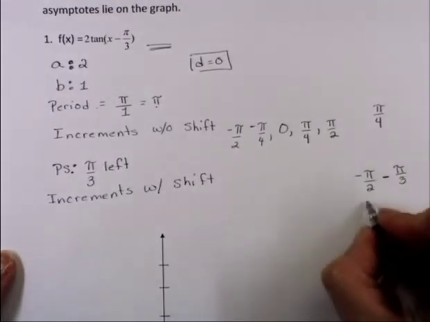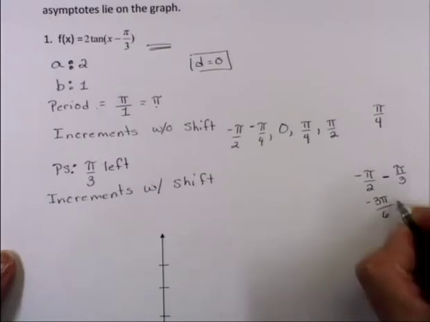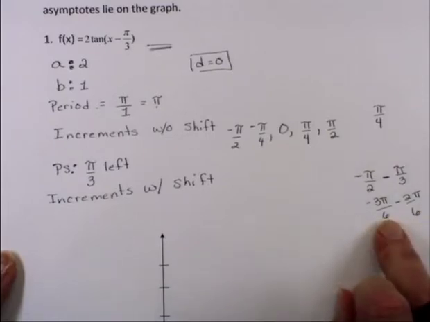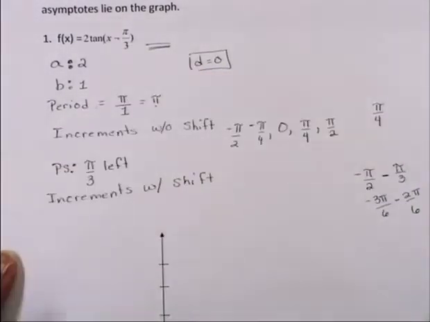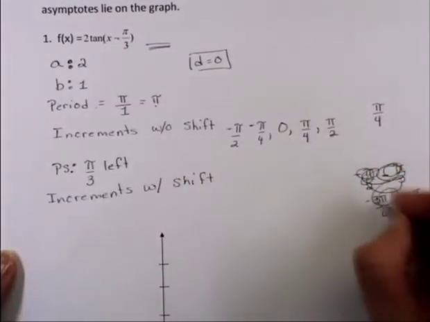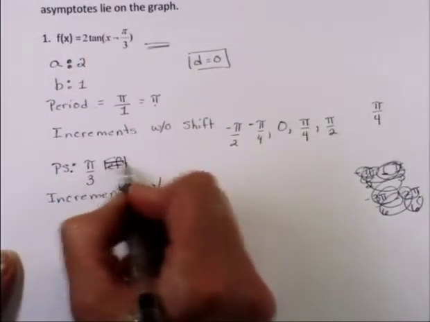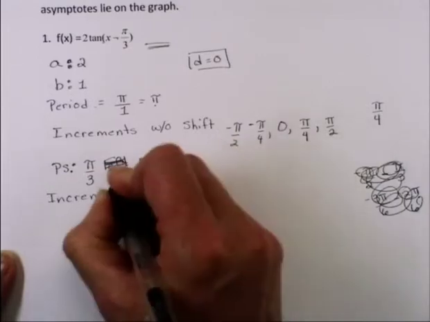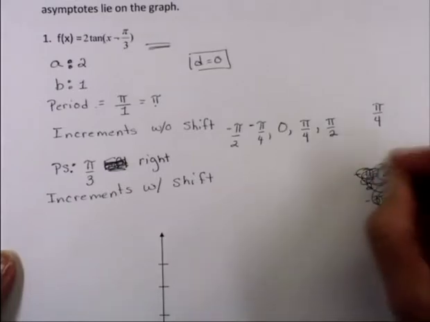All right, again, common denominator, negative 3 pi over 6 minus 2 pi over 6. And I am going to get, oh no, wasn't paying attention, guys. Let's check that again. It's minus pi over 3, so I'm going right. Let's fix that. We're going to the right, not the left. That'll make a big difference.